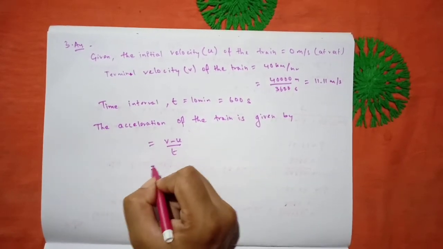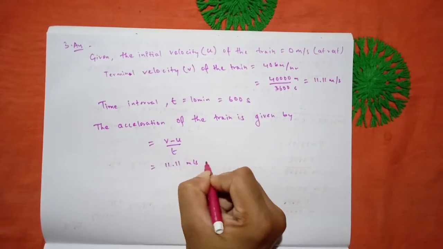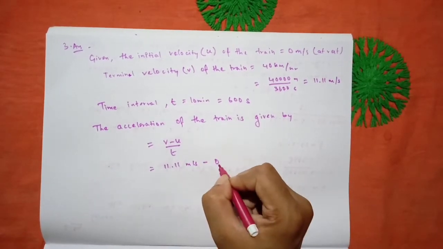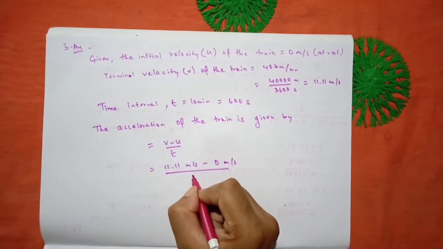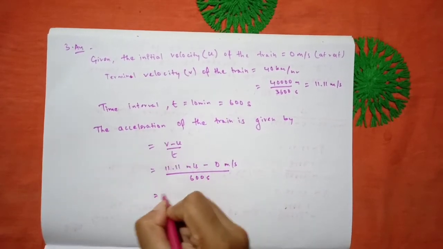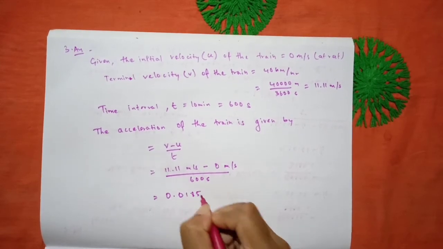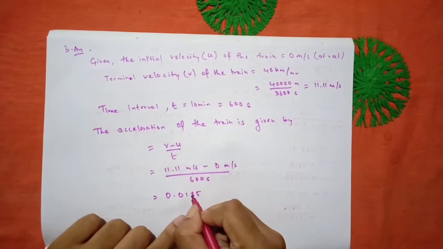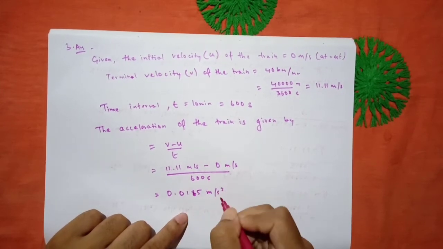Now what is v? v is 11.11 meter per second minus the initial velocity, which is 0 meter per second, divided by time, which is 600 seconds, which we get as answer 0.0185 meter per second square.